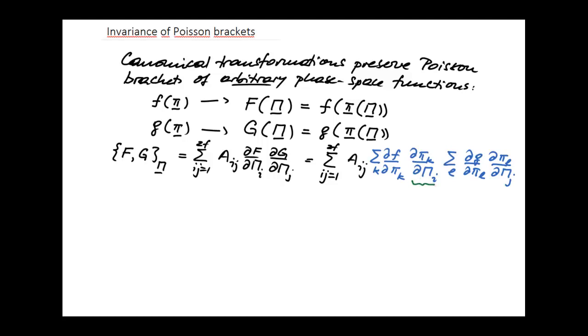This here is an element of the Jacobian. That's the element J Ik. This is another element of the Jacobian. This is the element J jl. We can take the summation over k and l to the front and say this is the sum over kl.